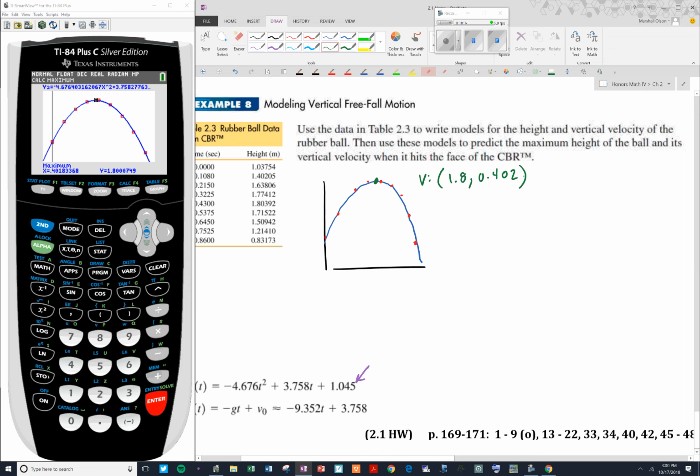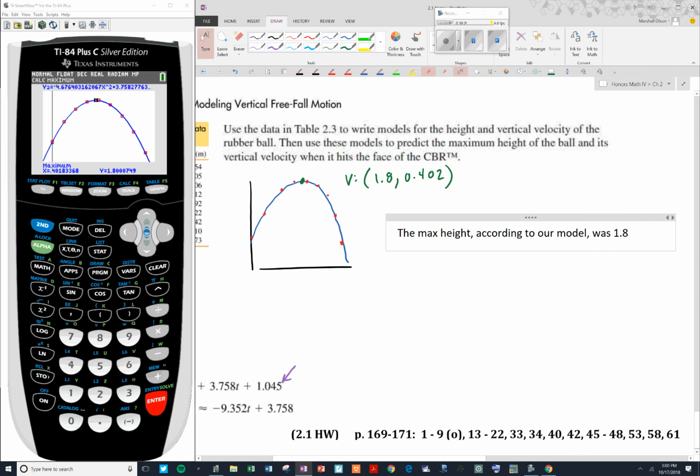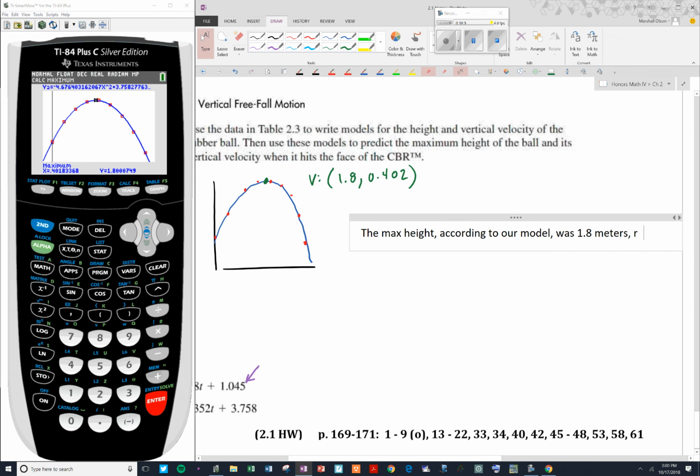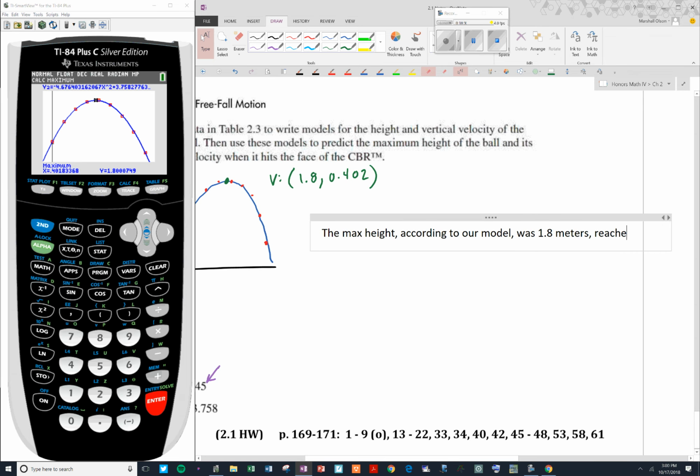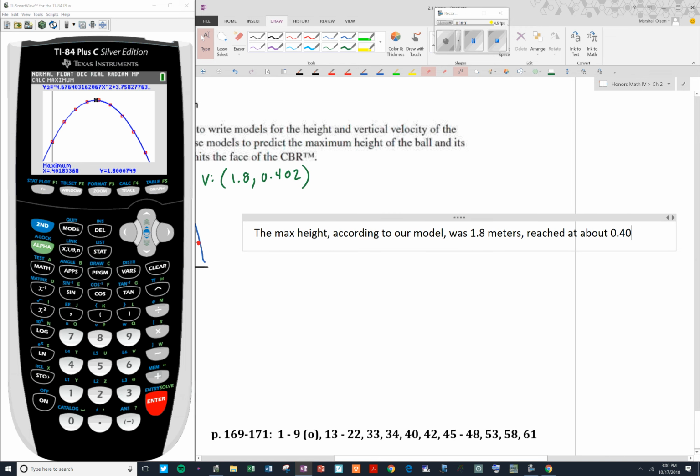And we'll say something like this, that the maximum height according to our model was 1.8 meters reached at about 0.402 seconds.